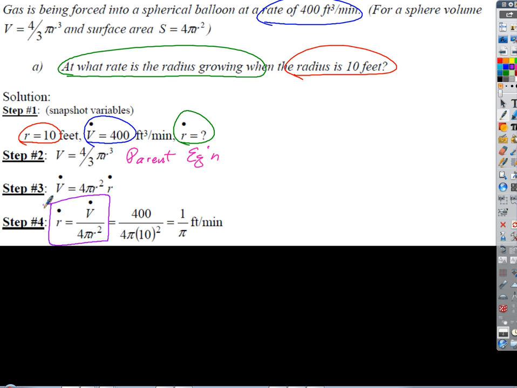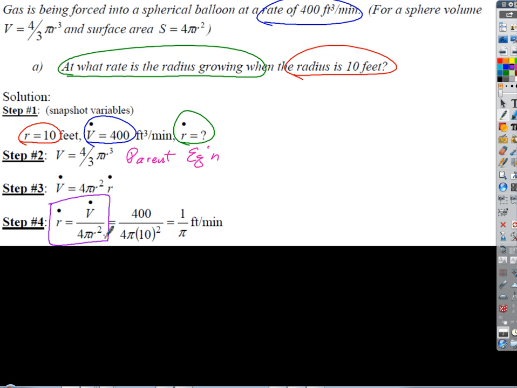If we're pushing air into that balloon at a constant rate, then the rate at which the radius is changing is inversely proportional to r squared. So what's that tell you? As the radius gets bigger, what happens to the rate at which the radius of the balloon changes? If I'm pushing volume in at a constant rate, it's going to get a lot smaller, right?